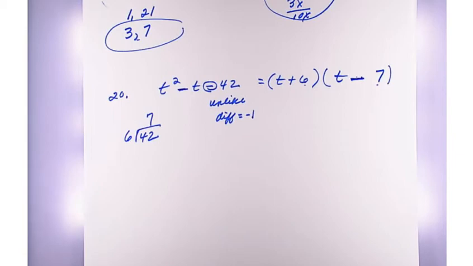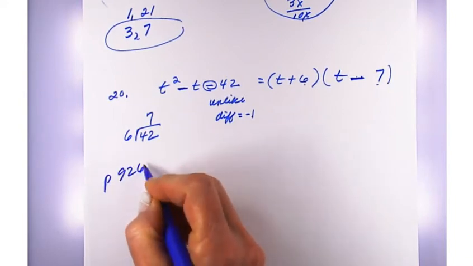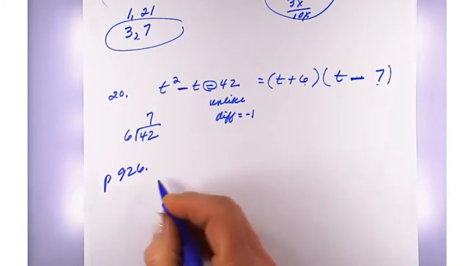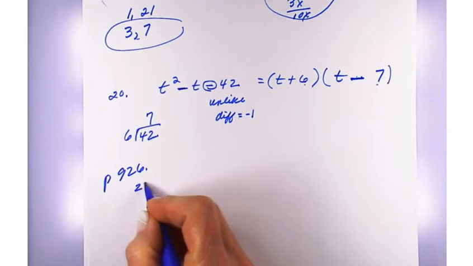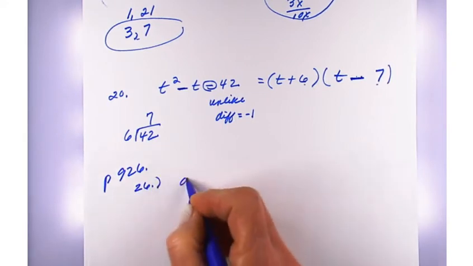Let's look now. We are on page 926, and we're looking at number 26. So you choose if you want to make the box or if you don't need the box.